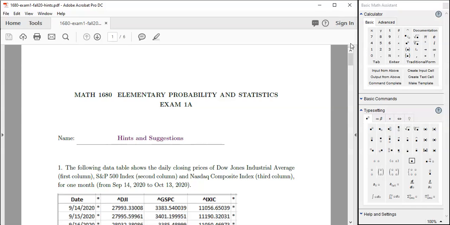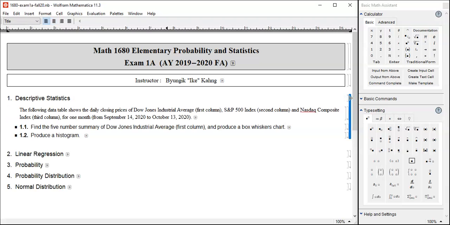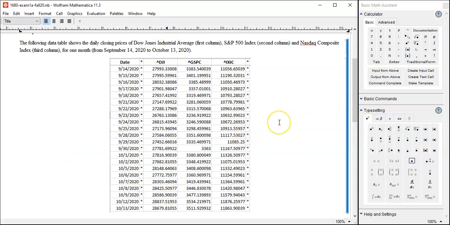Now, assuming everybody tried at least half of the problems, let's have a deeper discussion with this notebook here. Okay, let's go to the first problem, but here I don't have a lot to discuss. The data table for Dow Jones, S&P 500, and NASDAQ Composite Index.